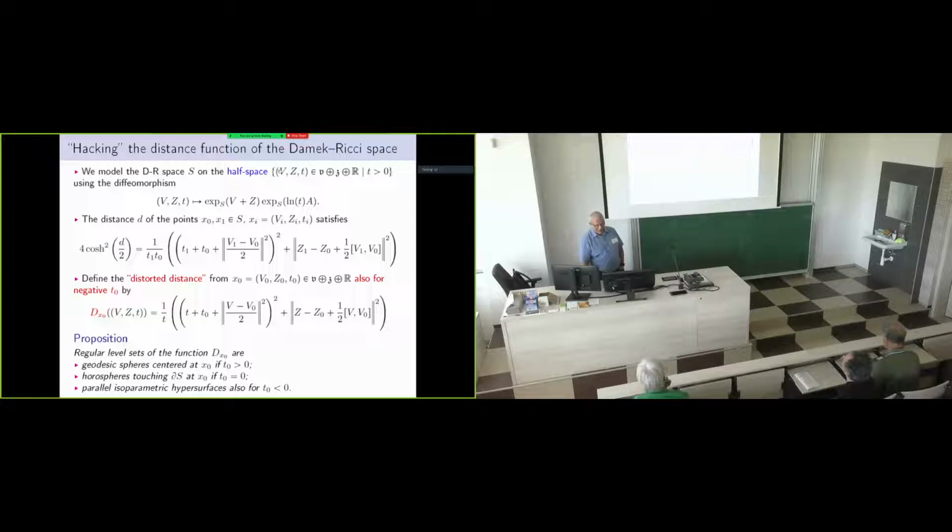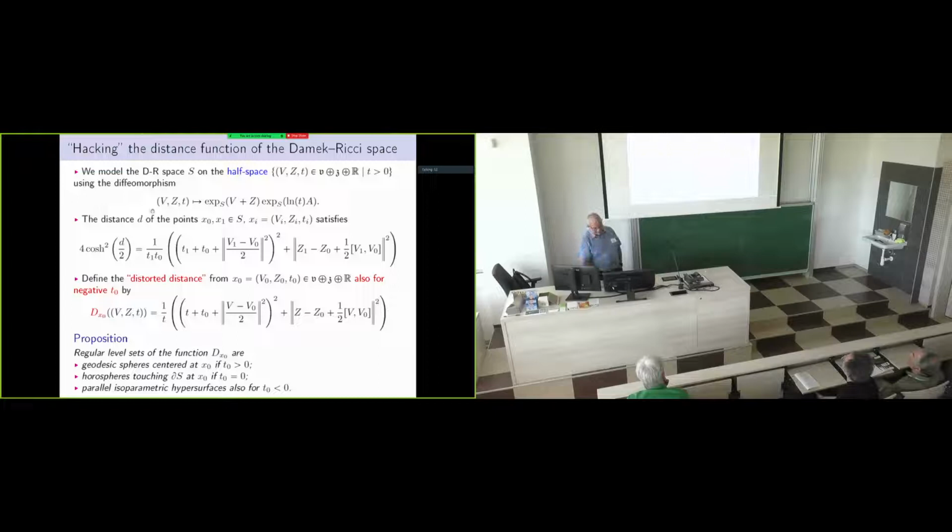So we shall identify points of the Damek Ricci space S, the solvable Lie group, with points in the upper half space of the Lie algebra. More exactly, we take the direct sum of V and Z, and in R we take only the positive half line, and we use this diffeomorphism for the identification.